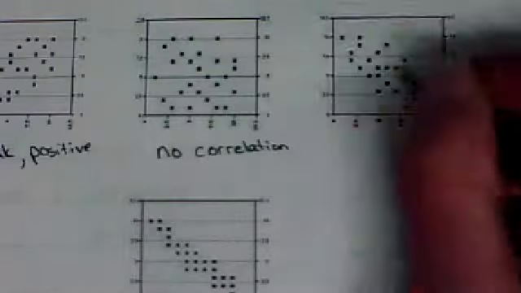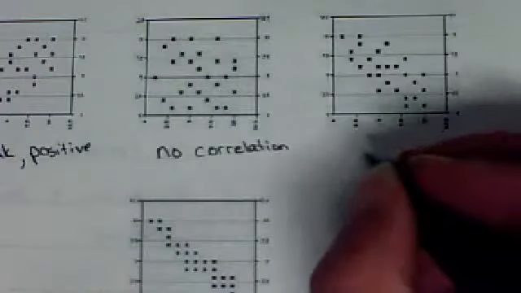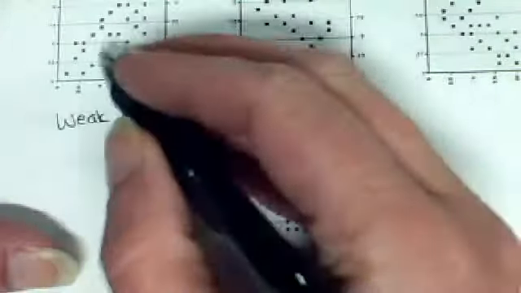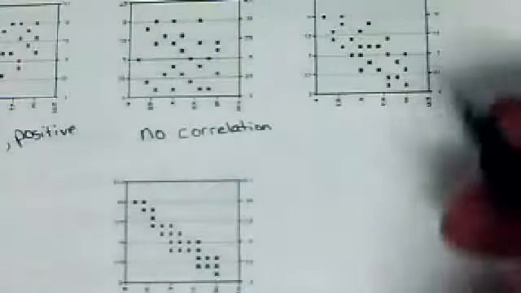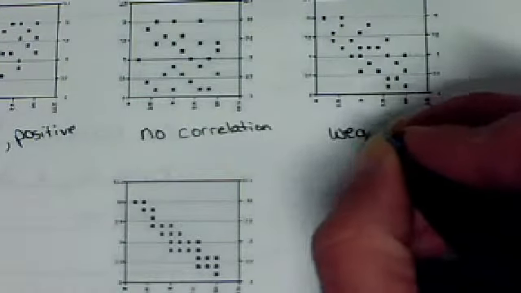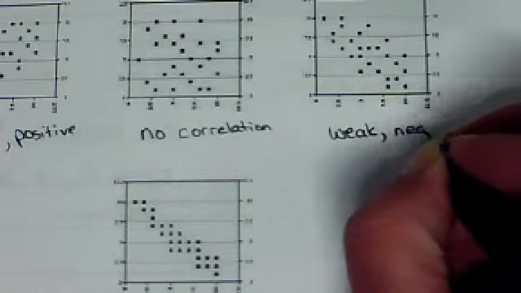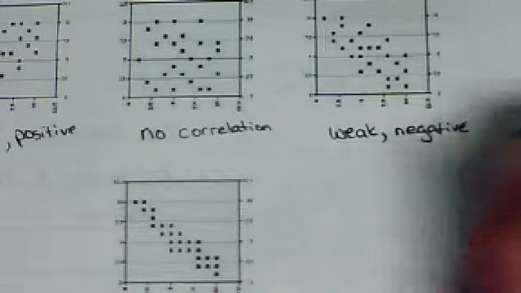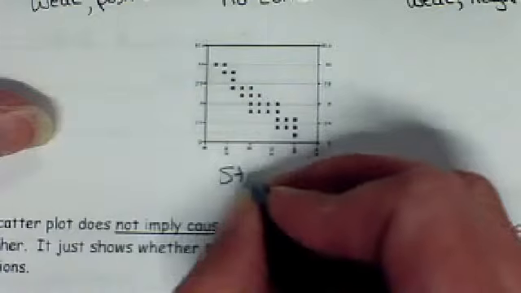And our next one, we're going down, so it's a negative. But again, like this one, the pattern is very spread out. So this one would be a weak negative. And our last one will be a strong negative.